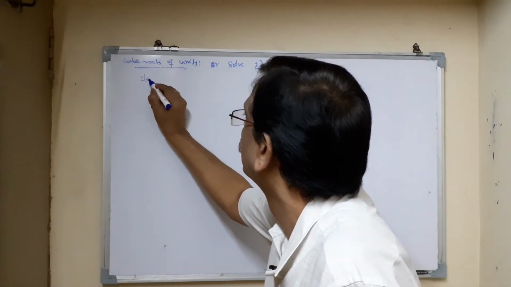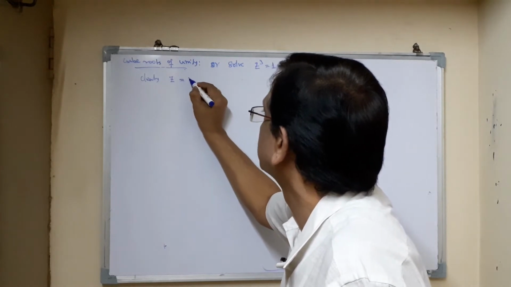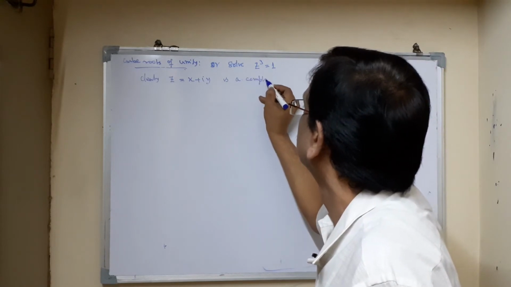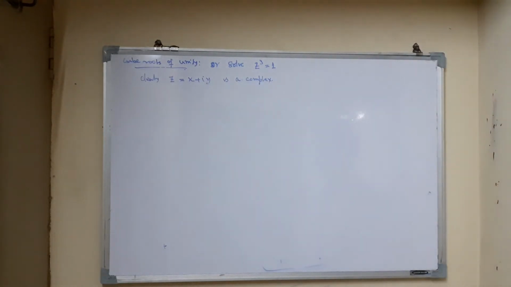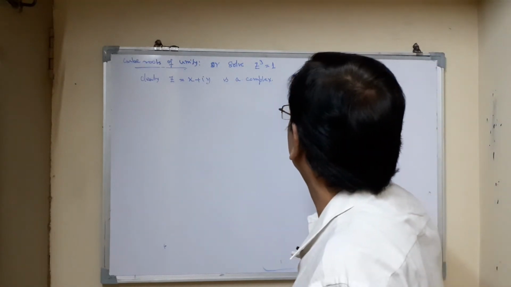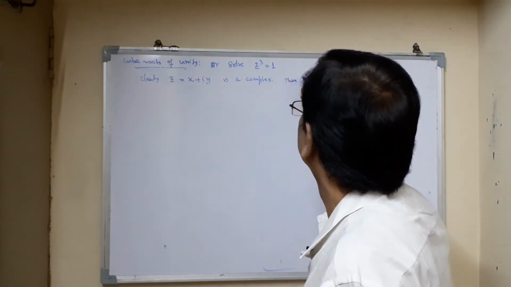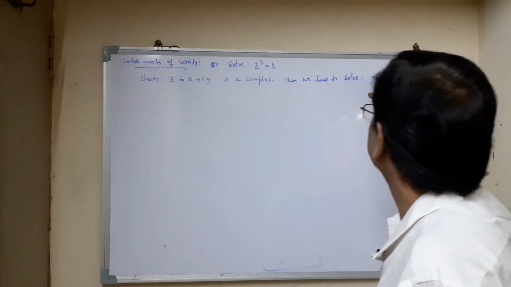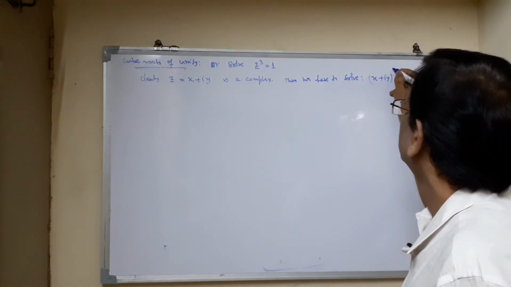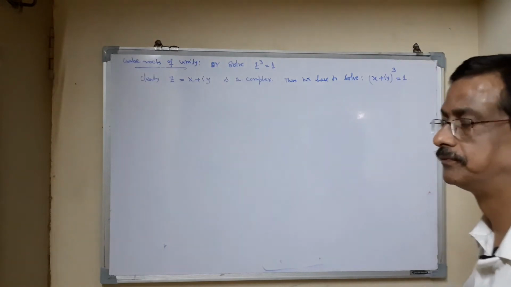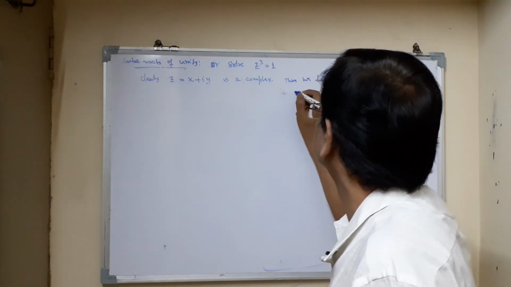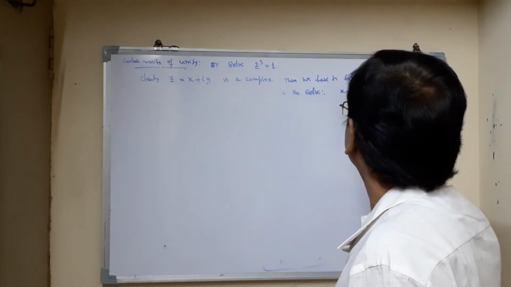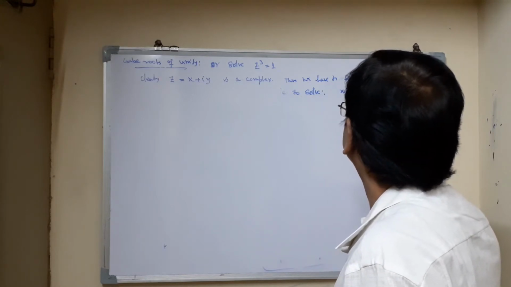Clearly, z equal to x plus iy is a complex number. So we have to solve (x plus iy) whole power 3 equal to 1. That means, that is to solve x plus iy equal to 1 power 1 by 3.